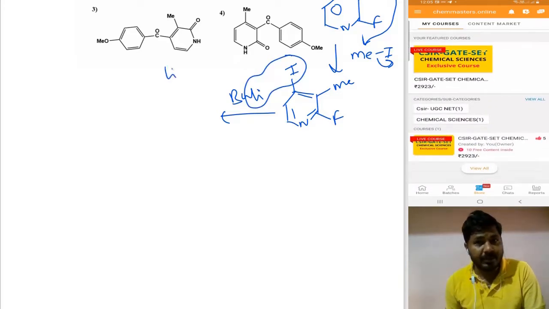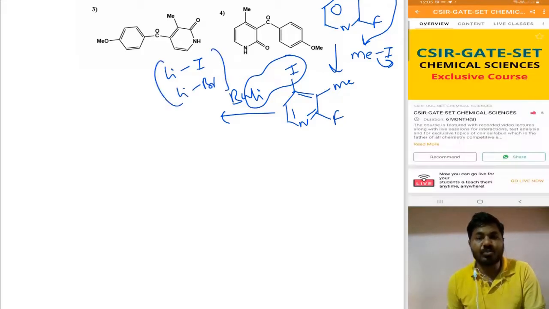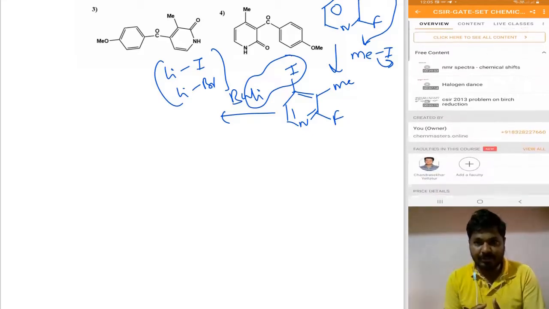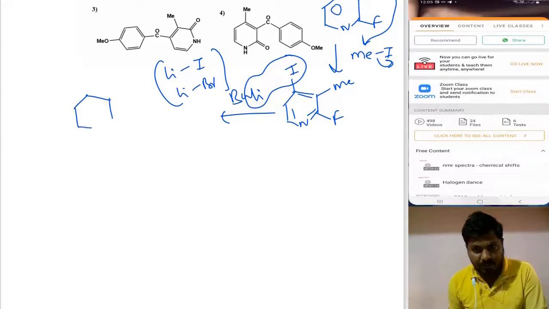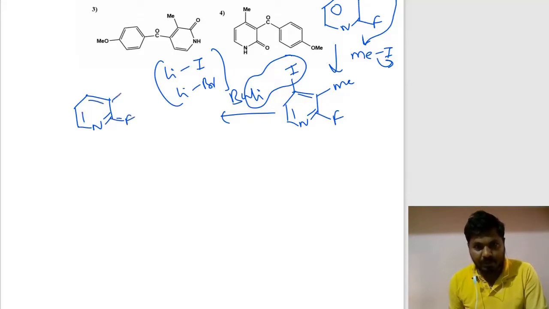Just remember that lithium iodine and lithium bromine exchanges are very common on aromatic rings. Okay, right. So here, after exchanging, the new structure can be seen. So fluorine, methyl group, and here is the lithium. Okay, so negative charge here and positive charge here.